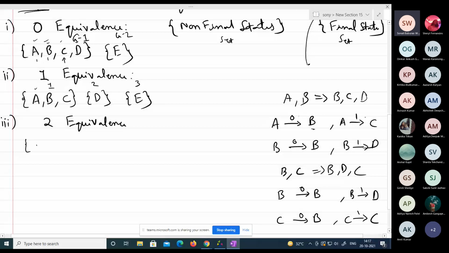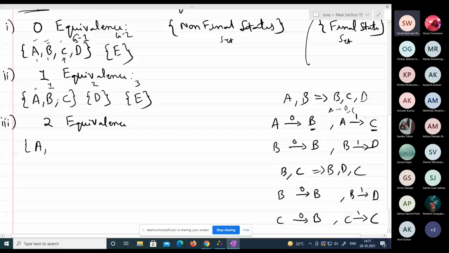And A on 1 is giving me C. So A is giving me BC, and BC is present in one set. So I can write A here, because the values it gives me are B and C, and BC is present together in one set. They are members of the same group. That's why I am writing A.